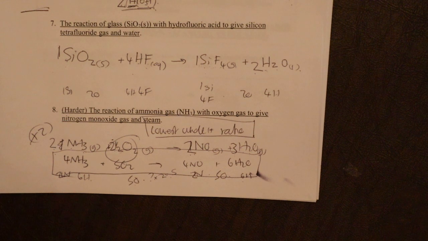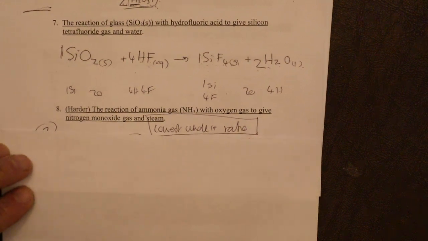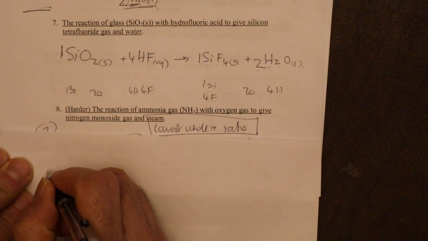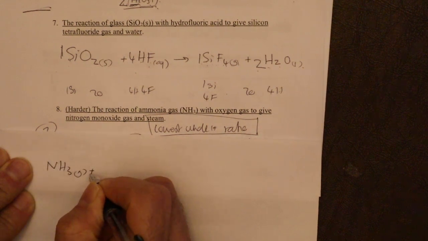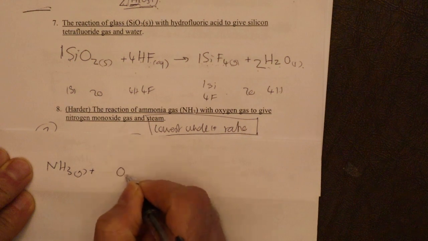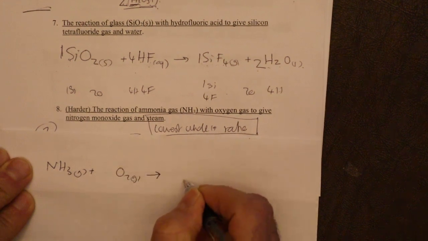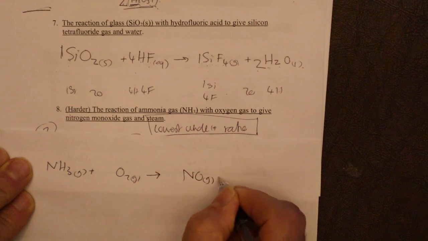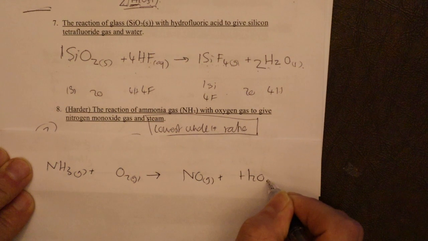So what we have is ammonia gas, NH3 gas, plus oxygen gas, turns into nitrogen monoxide, plus steam. Remember, steam is really just water in the gas phase.